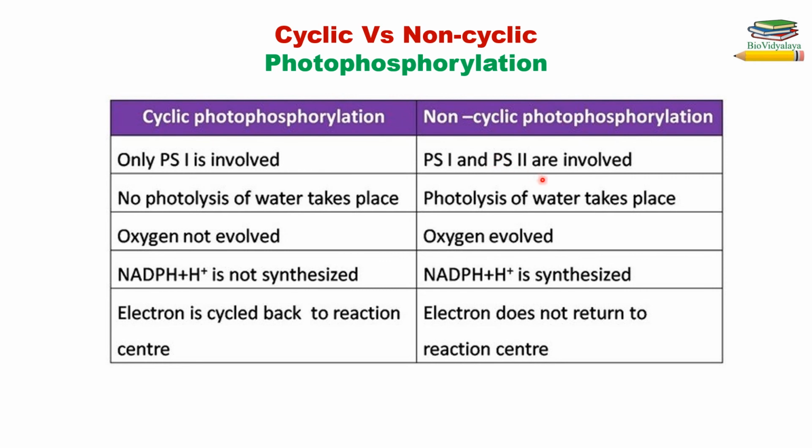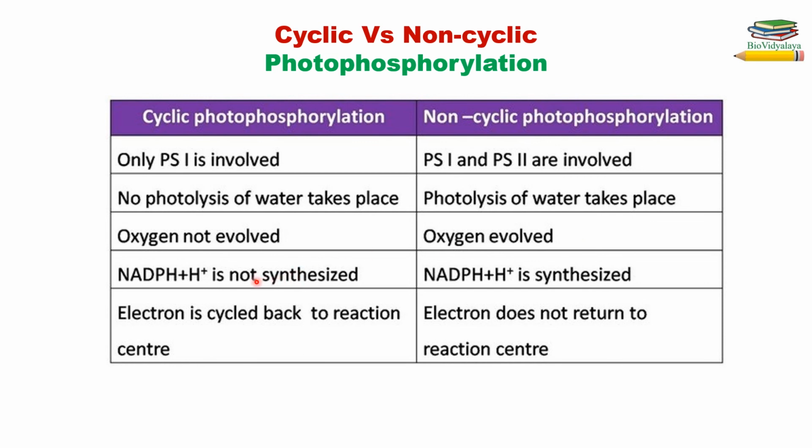In non-cyclic photophosphorylation, photolysis of water takes place, because photosystem 2 is associated with the oxygen evolving complex. In cyclic photophosphorylation, oxygen is not evolved. But in non-cyclic, oxygen is evolved; it is released after photolysis of water.